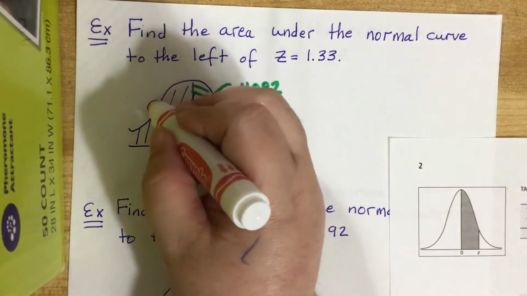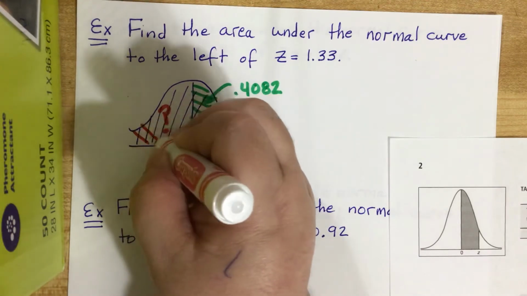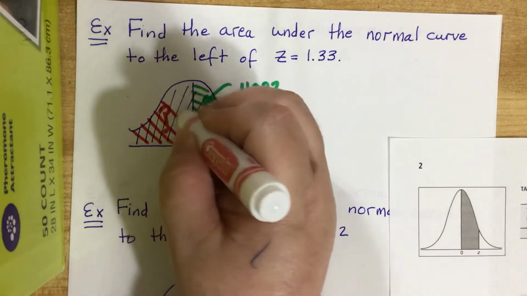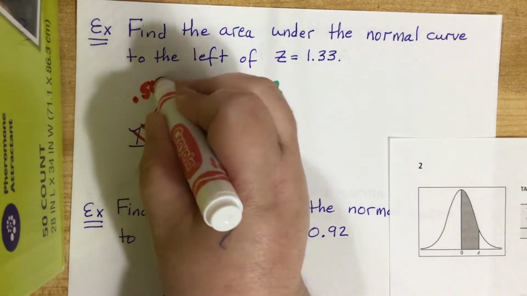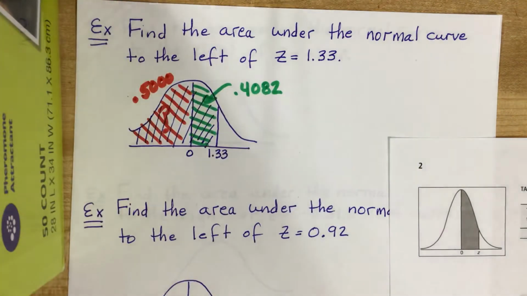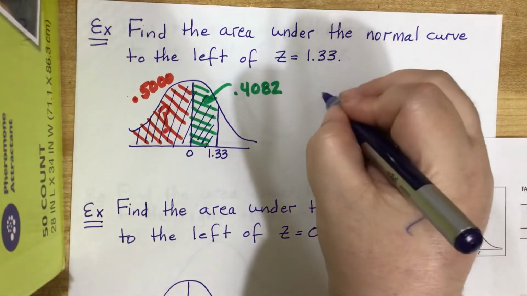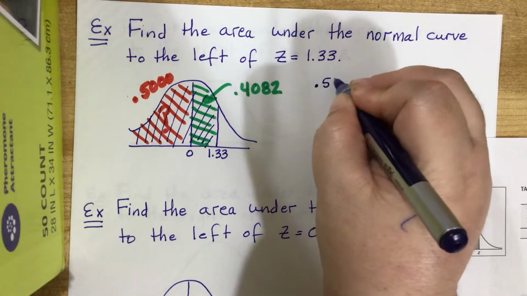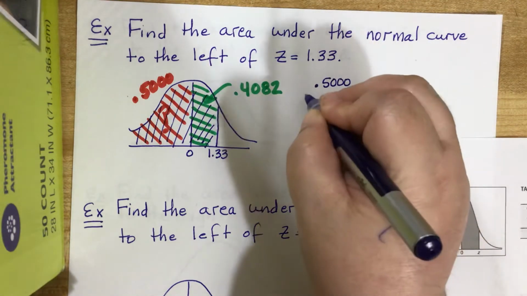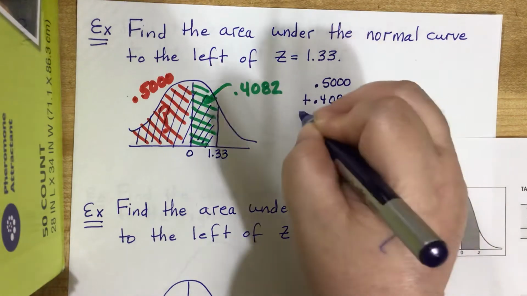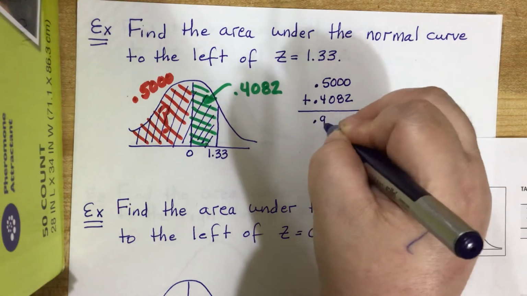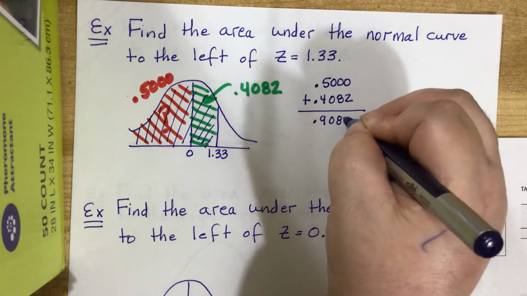So we really do know that this area here to the left of 0 is 0.5. So to get those two areas total, I'm going to add them together. So I'm going to take 0.5 and add 0.4082. And that gives me 0.9082.